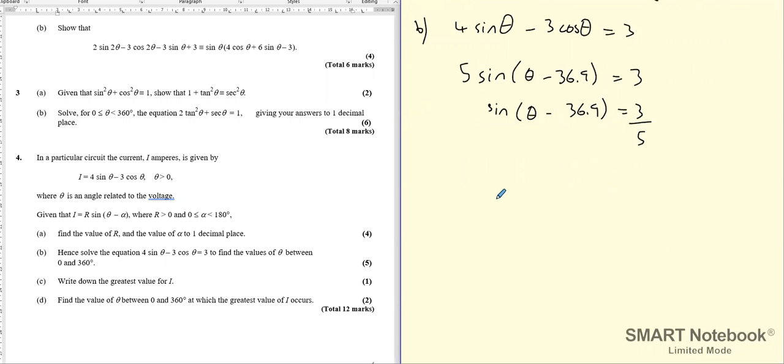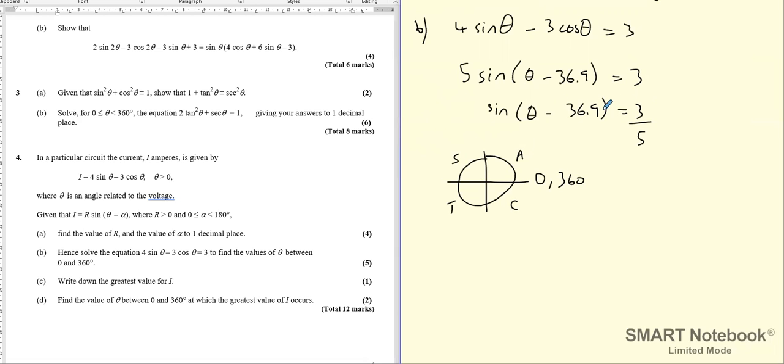So now, if I just deal with this as being in a CAST diagram from 0 to 360, I've got sine as being positive.